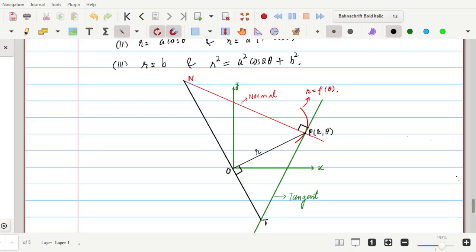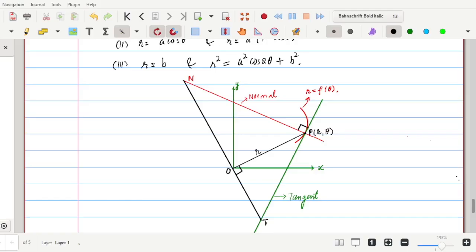Then we have this PO, which we call the radius vector, and then we draw this line PN, which is drawn perpendicular to the tangent PT at the point P. So this line PN is known as the normal to the curve. The normal to the curve is defined as a line which is perpendicular to the tangent at the point of contact of the tangent with the curve.